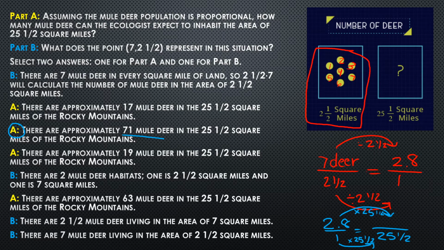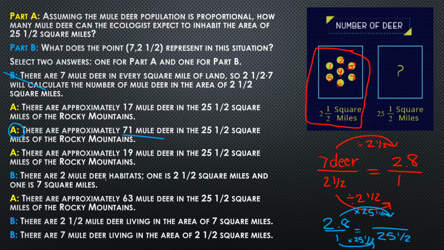Part B wants us to just put words with what 7, 2.5 represents. And, well, I know 7 is the amount of deer. Okay, so there are 7 mule deer in every square mile. Well, that is not true because there's not 7 in every square mile. There's only 2.8.